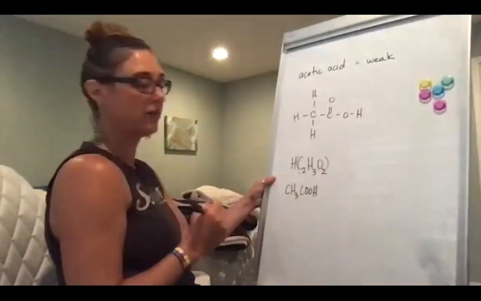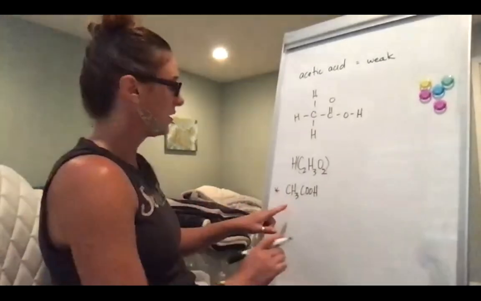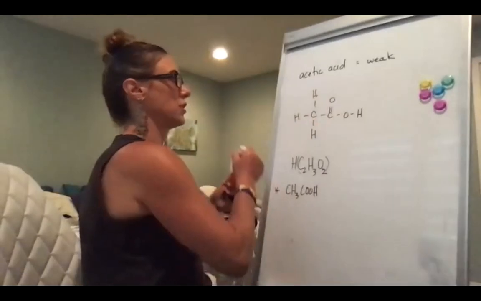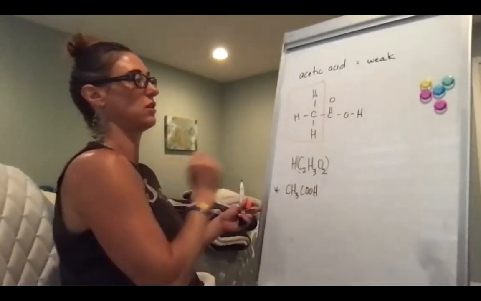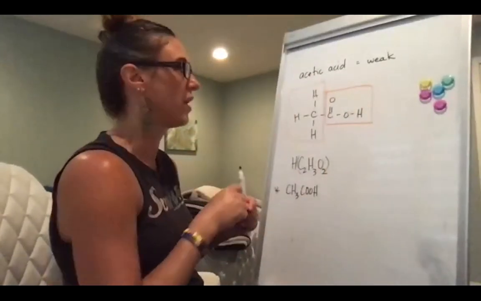CH3COOH, okay? And usually we write it this way just because it gives us an idea of what the molecular structure looks like, right? The 3 hydrogens are attached to the carbon, and then the COOH is a functional group off of that.